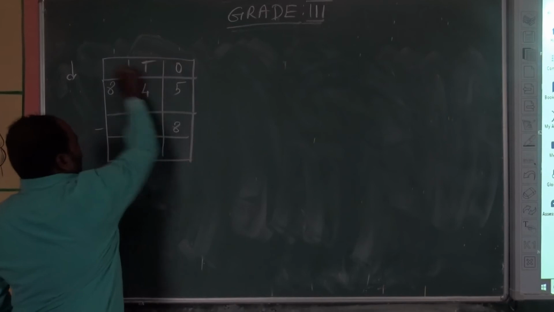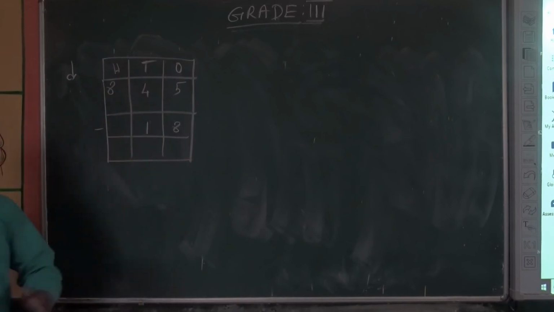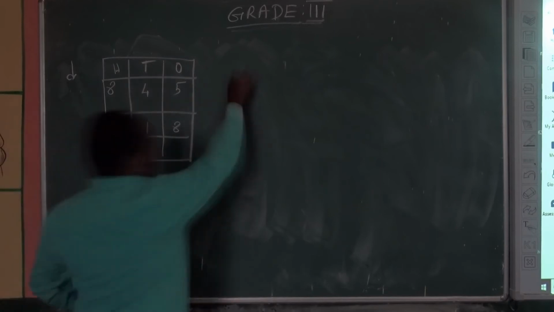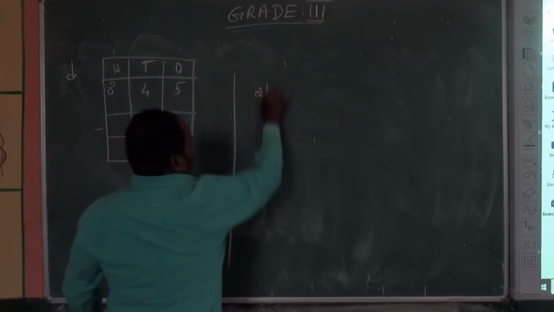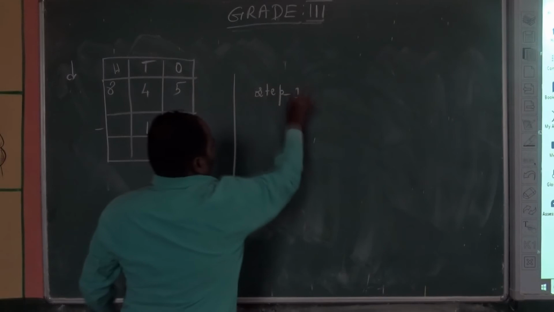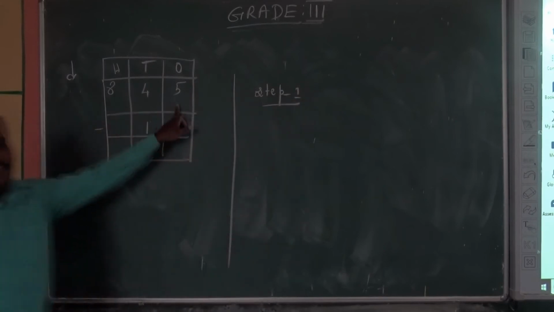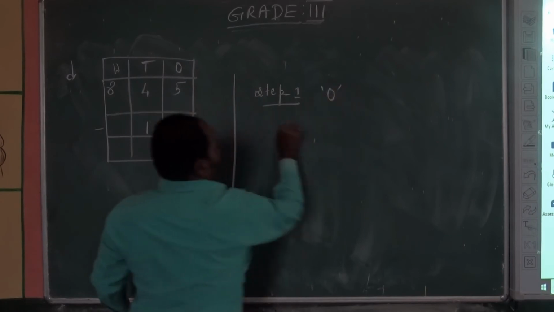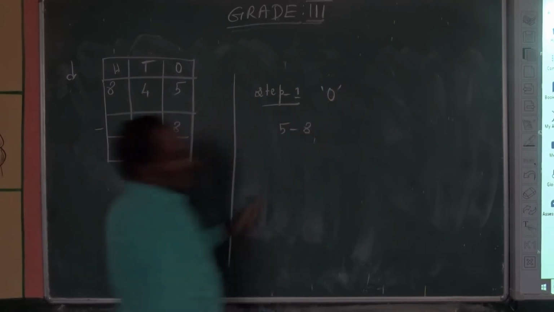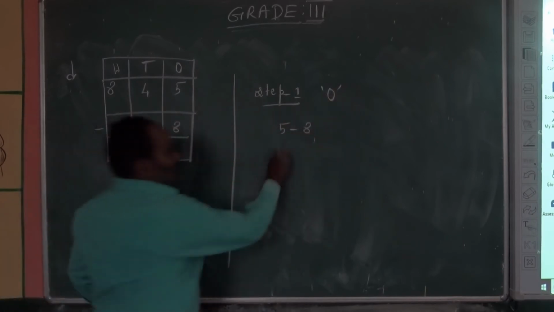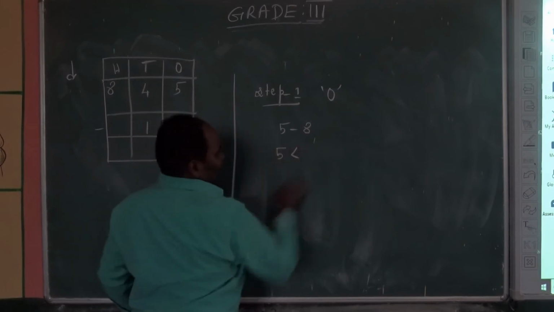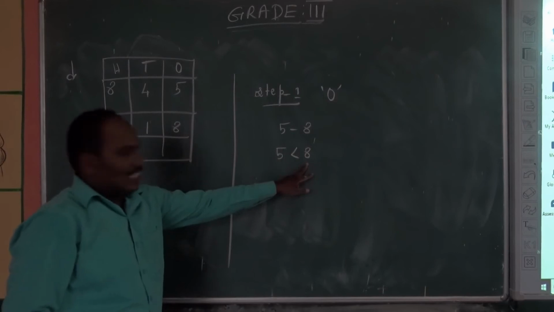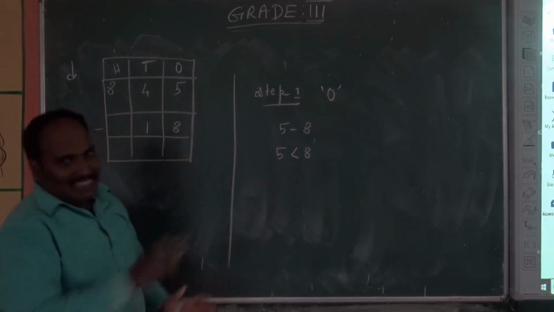Ones, tens and hundreds. First we subtract the ones place. Step 1. Here our ones place is 5 minus 8. 5 minus 8 is not possible because 5 is less than 8. 5 is the smaller number, 8 is the greater number. So we want larger minus smaller.